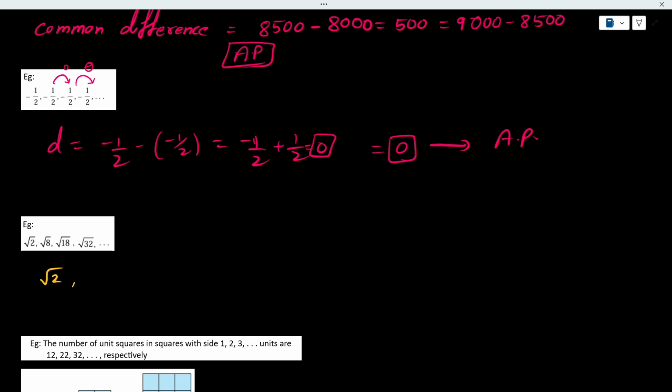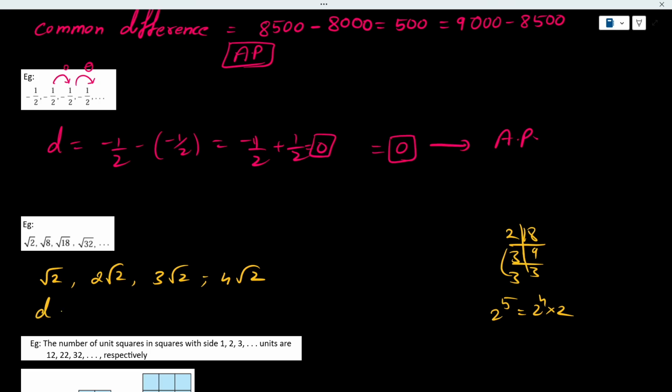Root 8 can be written as 2 root 2. For root 18, if you don't know, you can do the prime factorization: it is 3 square into 2, so that can be written as 3 root 2, and 3 will be outside. And 32 is 2 to the power 5, so 2 to the power 4 into 2, 2 square is common, so 4 root 2.